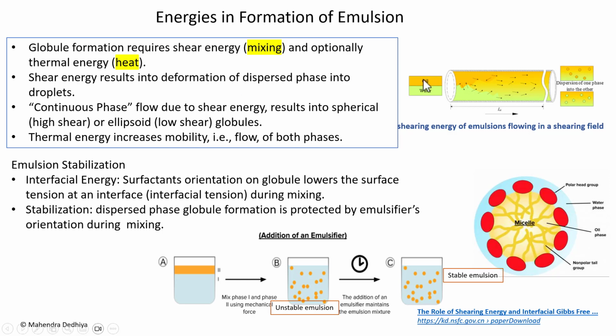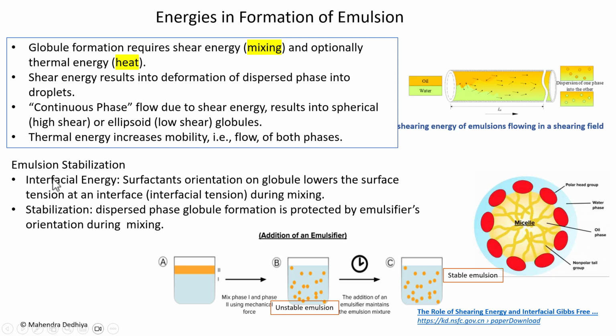So let's take oil and water as an emulsion, and as we apply shear, one of the phases disperses, in this case oil droplets forming in the water phase, or water droplets in the oil phase. Continuous phase flow due to shear energy results in the shape of the globules. Thermal energy increases the mobility of the flow of both phases. The equipment that we need is capable of providing shear energy by mixing and thermal energy by heating.